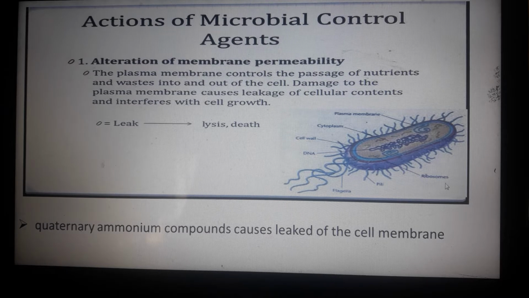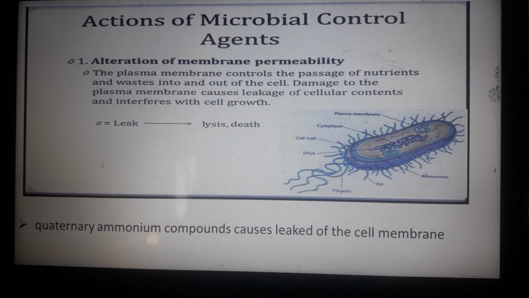Because if there is damage in the cell membrane of the bacterial cells, other molecules, or other toxic agents, or even antibiotics or antimicrobial agents, tend to freely enter the cytoplasm of the bacterial cells, and it will also cause damage to other organelles, and it will cause lysis and death.